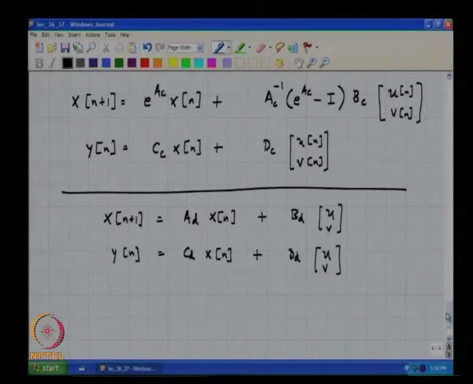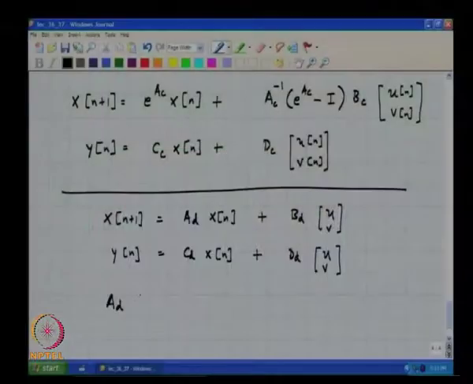So, if one wants to find the state space representation of a discrete time system which is being mimicked by the continuous time loop filter, as long as the two inputs can be modeled by first order held waveforms, the equivalent discrete time A matrix can be obtained from the continuous time A matrix by e to the AC.